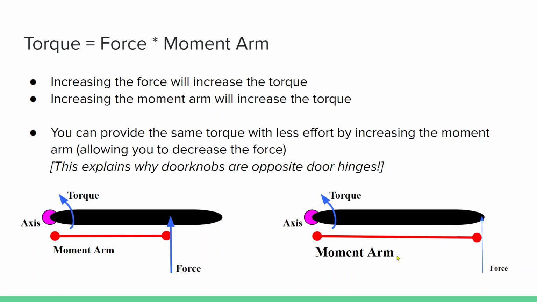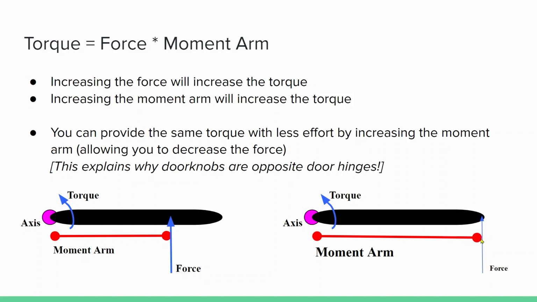And kind of the opposite of that is how do we make things less effortful? So you can provide the same torque with less effort or less force by increasing the moment arm. So here, if we want the torques to be the same, we have the moment arm here on the left times a larger force.